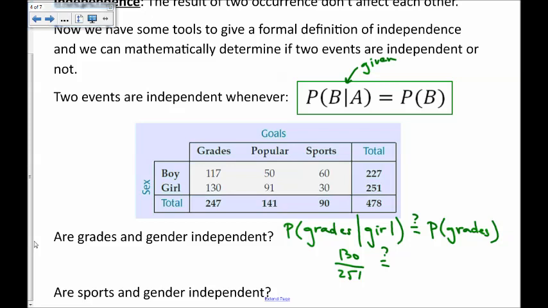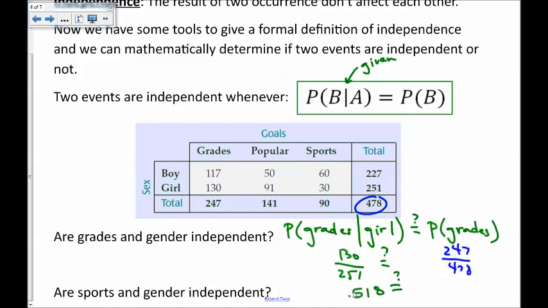So grades will be 247 divided by the total, 478. Now be a little bit forgiving with this data because we're dealing with real numbers. If they're just really, really close, then that'll be good enough for us. 130 divided by 251 is about 0.518.